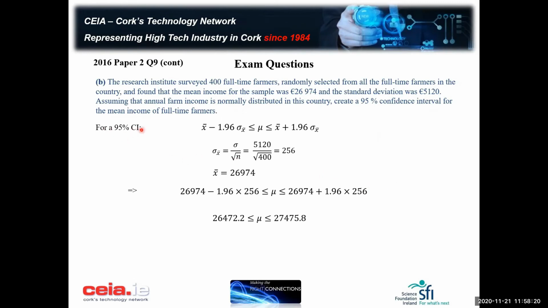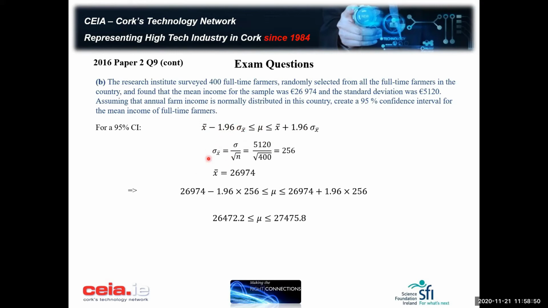Right, so for a 95% confidence interval, you can use the empirical rule, which states that you're going to be 1.96 standard deviations on either side of the mean. So the true population mean, which is what you're looking for in this case, is going to be your sample mean plus or minus the 1.96 standard deviations.